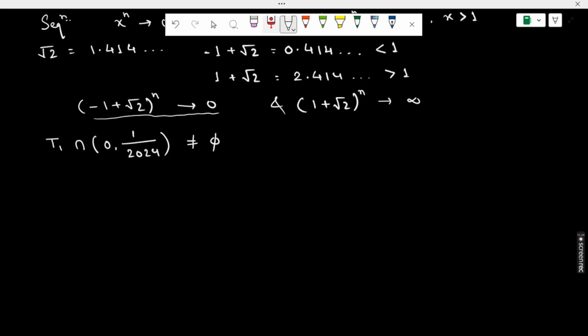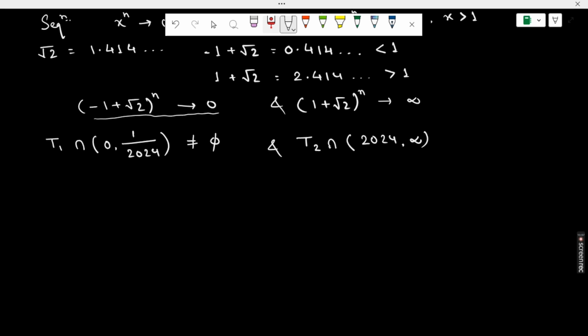So T1 intersection this interval, there will be some value which tends to 0, because in this interval we can have so many values which tend to 0, since these are open intervals. And similarly, T2 intersection the second interval, (2024, infinity).